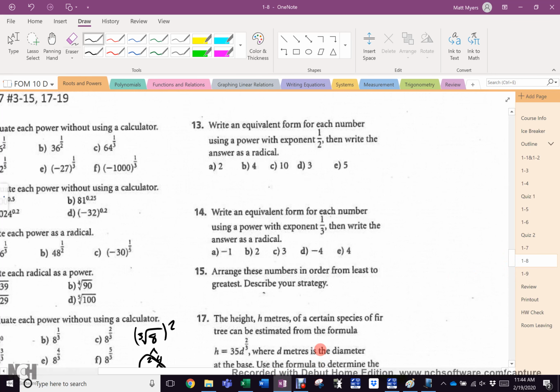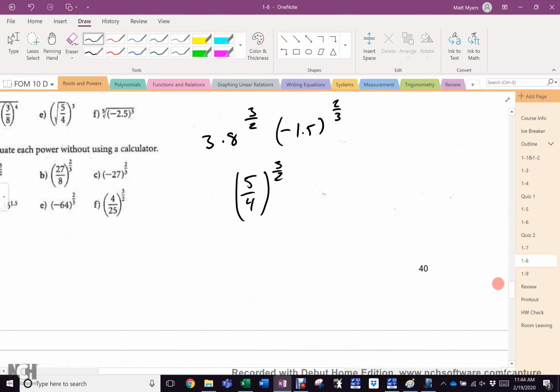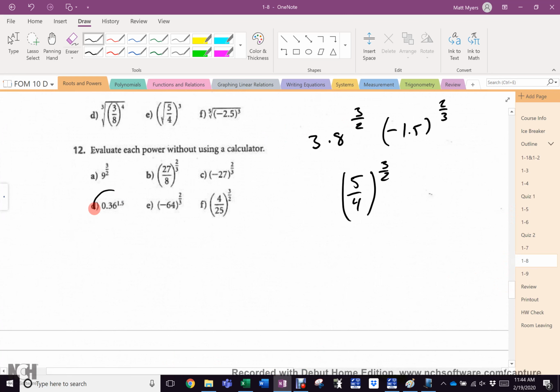Write an equivalent form for each number using a power with the exponent of 1/2. Jocelyn? Oh, 12D. 0.36 to the 1.5 is the same as 0.36 to the 3/2 is the same as 36 over 100 to the 3/2.